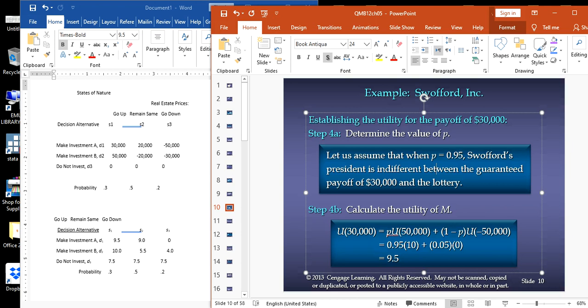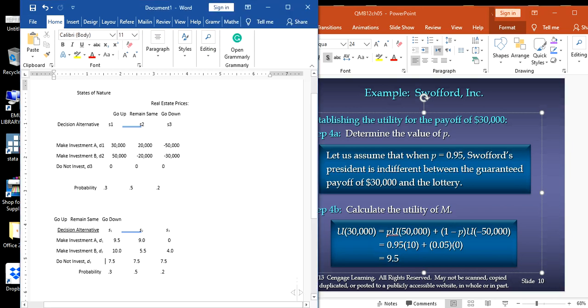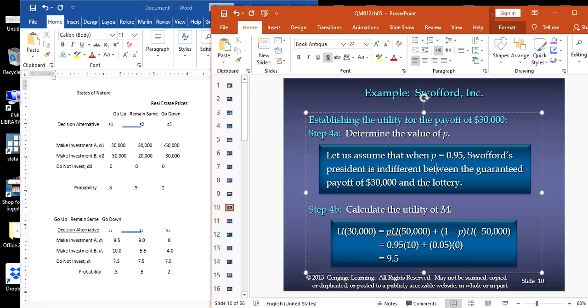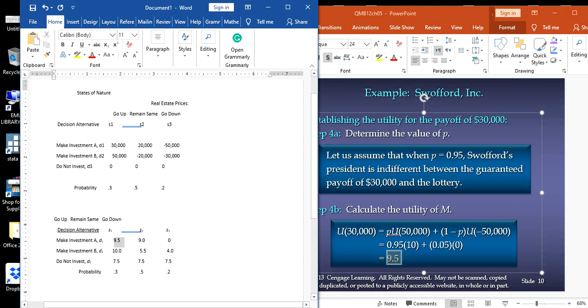We said we rank them from 0 to 10. The lowest will be 0 and the highest will be 10. And then the utility of $30,000 is 9.5. So here is 9.5 placed here.